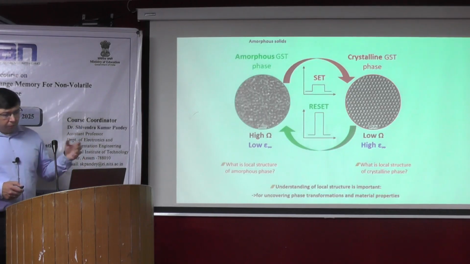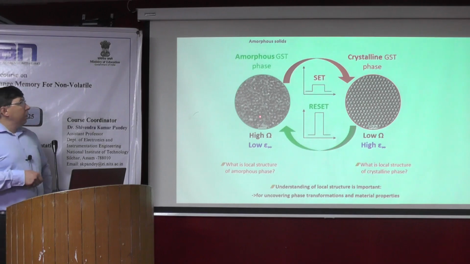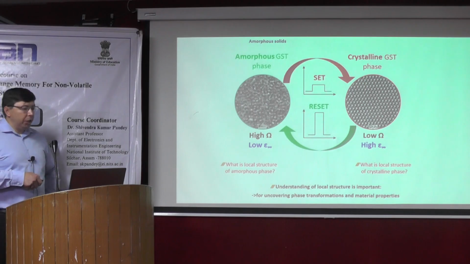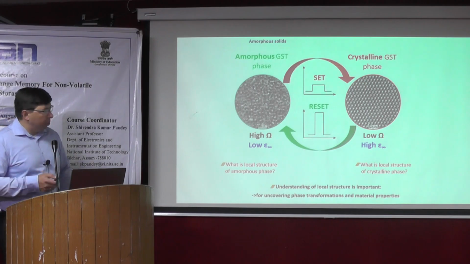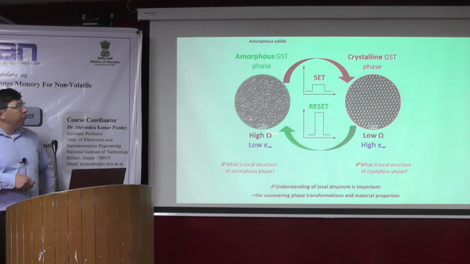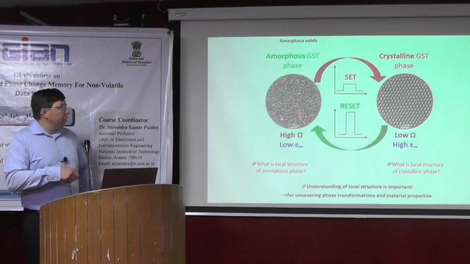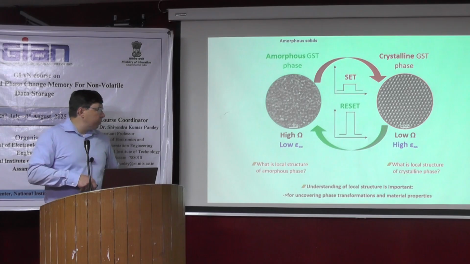Just as a recap of information, we already know that the working principle of the phase change device, optical or electrical, is based on the phase change between amorphous and crystalline states. Here, if you apply one set pulse, you can go to the crystalline state, and with a reset pulse, of high intensity, you can go back to the amorphous phase.